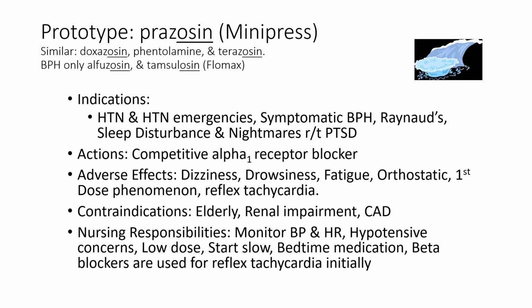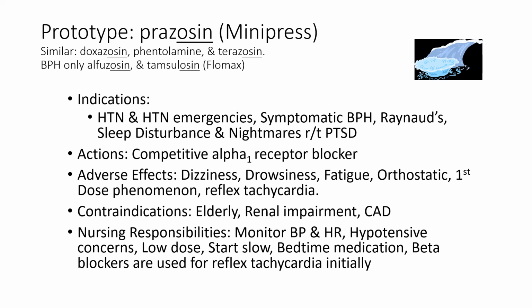And what happens is the body is not accustomed to this drug at all, and it suddenly blocks the alpha-1 receptors, and you can get precipitous drops in blood pressure, okay, for the first dose. So that's why the first dose is given at nighttime, and then you can switch it over to daytime dosing once the body gets used to it.